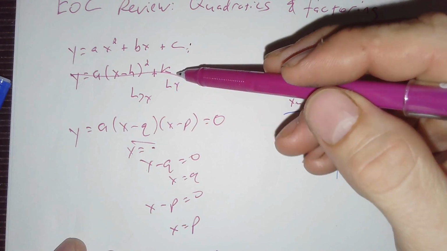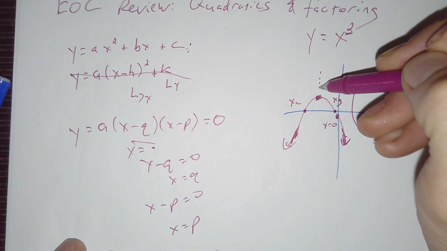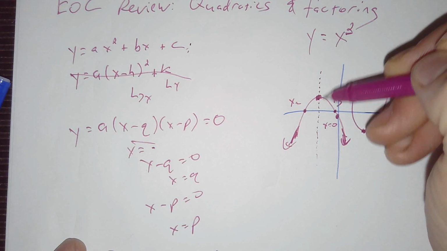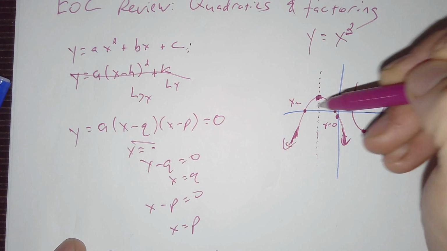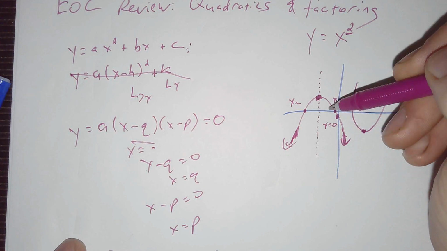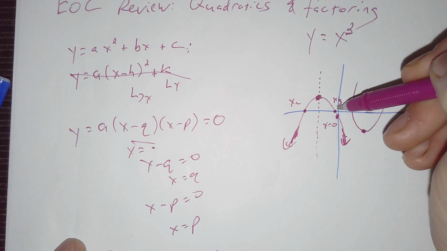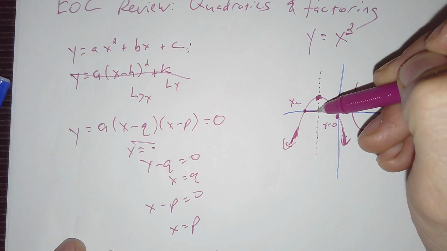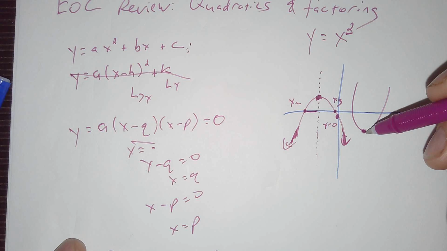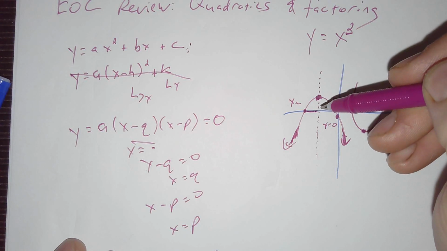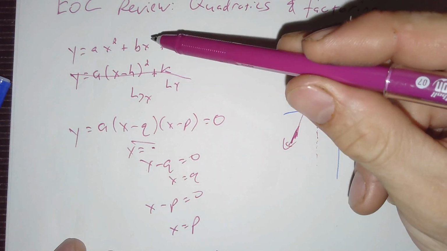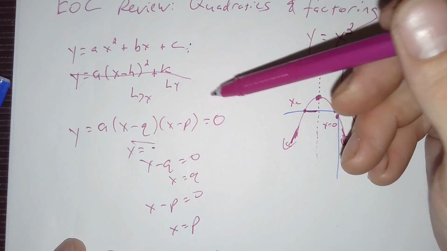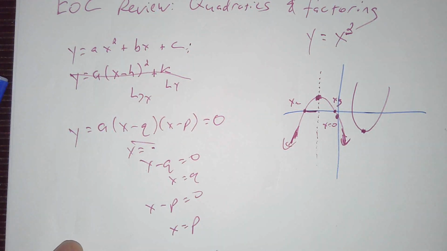Now I don't need to know the vertex form if I recognize that the axis of symmetry is directly in between the two x-intercepts. If I knew this distance and divided it by 2 and then added that distance onto here, it would give me the x value of my vertex. If I have the x value of my vertex, I can plug it in for x in this equation, and it'll give me the y value of my vertex, because that's how functions work.